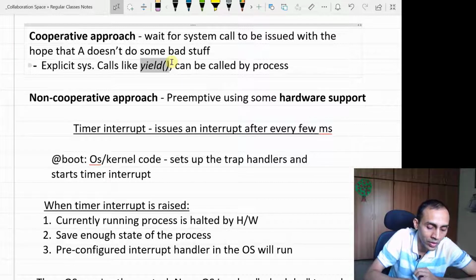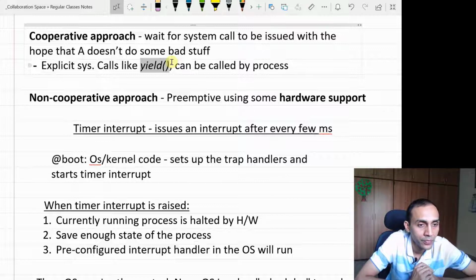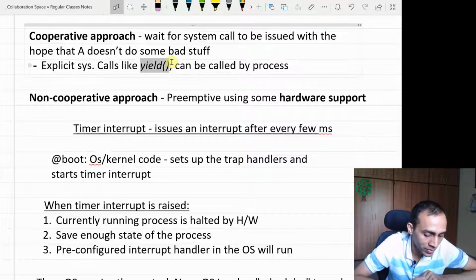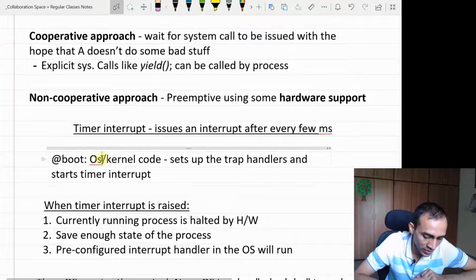It will call a system call. There were explicit system calls like yield, which do nothing but give control back to the OS. These were popular when the cooperative approach was being used, but as I said, none of the OSes now use the cooperative approach. So this is a deprecated system call, and it's not used as such.